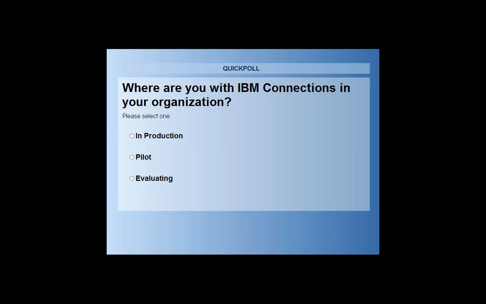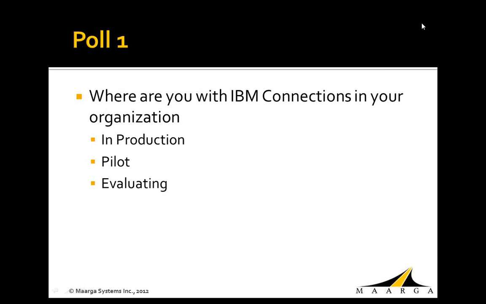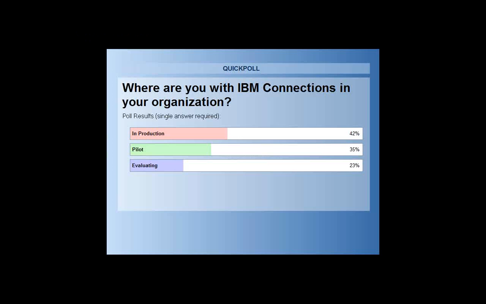All right, 5 more seconds. And great, let me go ahead and close this poll and I'll display the results. So it looks like a good percentage are already in production, and a lot of us are evaluating and in pilot programs. Very good.